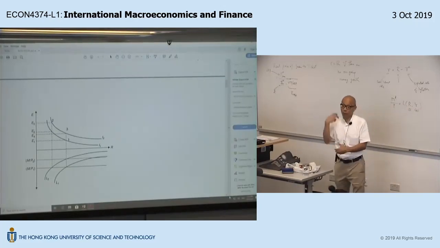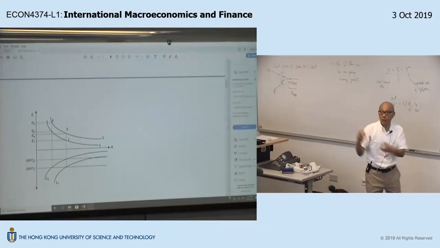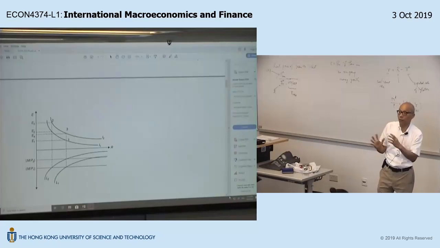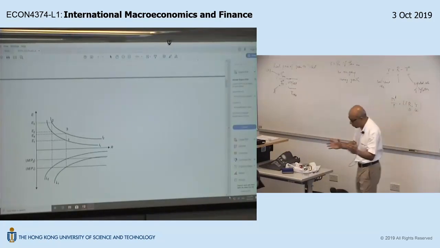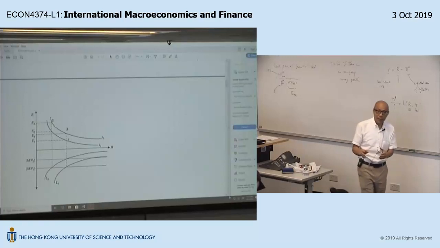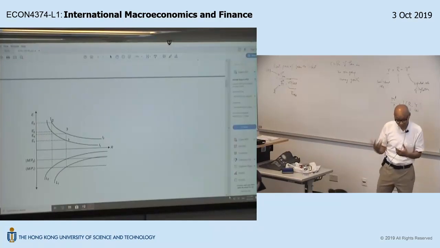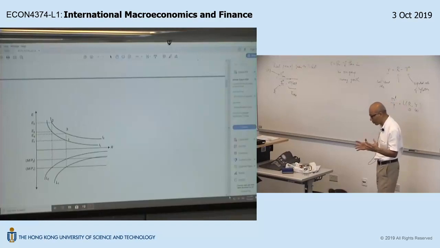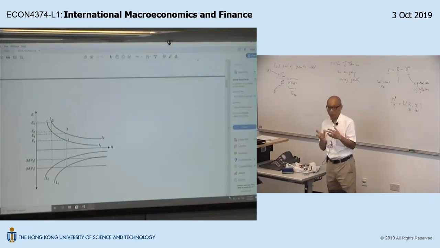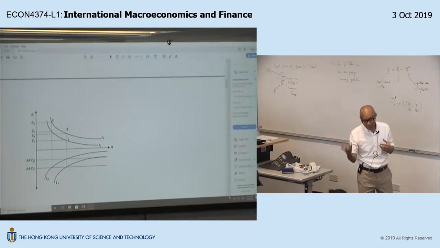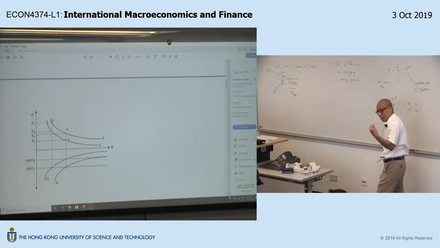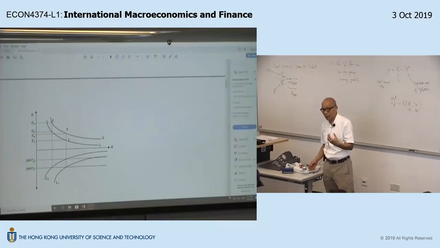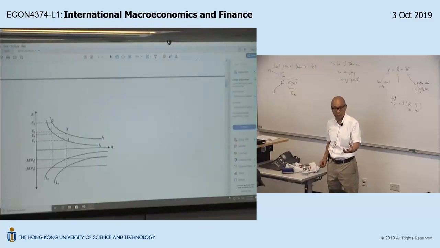Therefore, the price must rise in order to balance the supply and demand for money at the same interest rate. At the same interest rate, there is excess supply of money in real terms, and therefore the price must rise so that the demand for money will be equal to the supply of money.